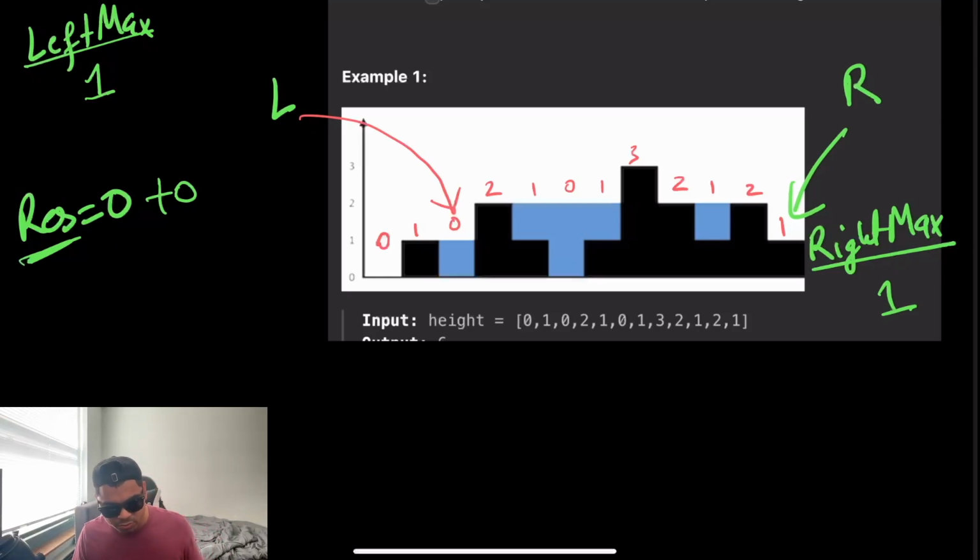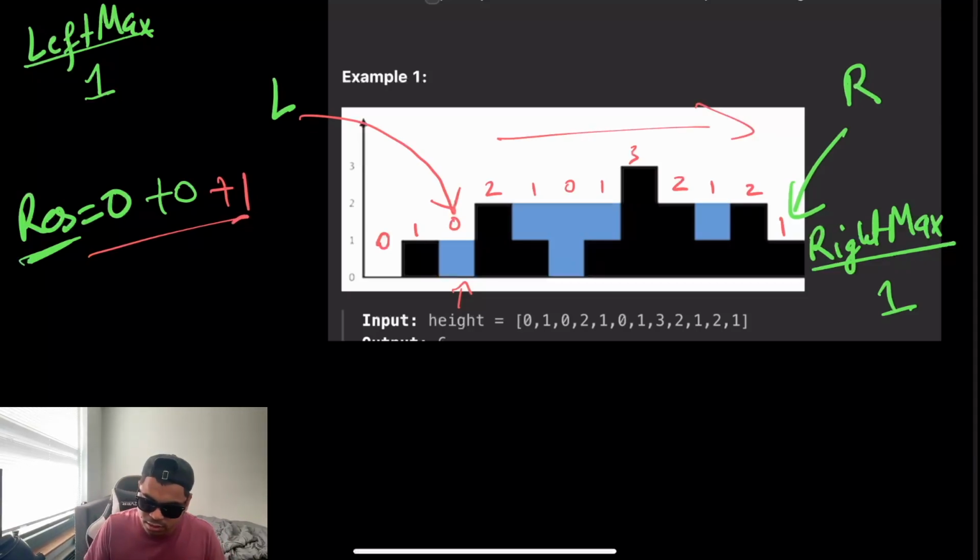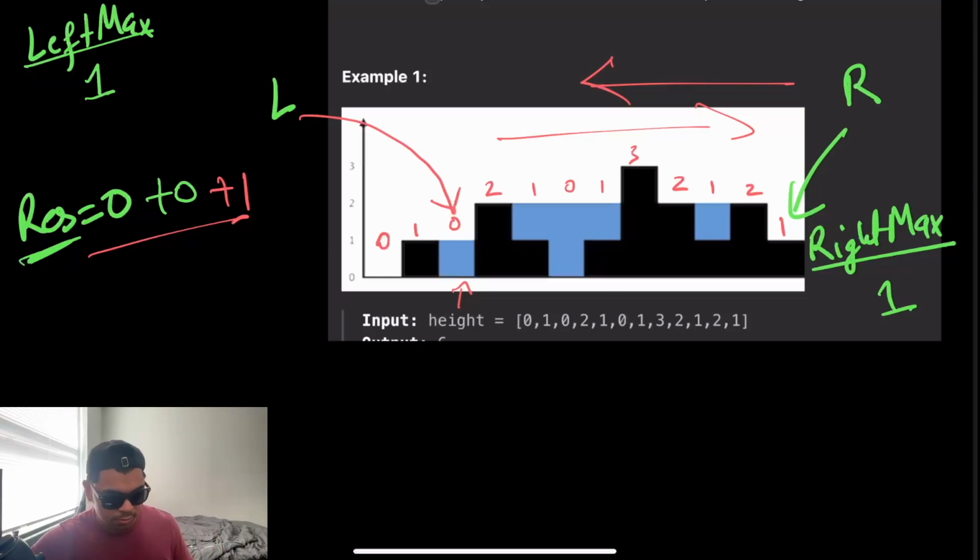My result would be result plus left max minus the current value. All right, that will be, we will add one over here, and we'll keep doing it for the remaining values. And there will be some scenarios where R will move to the other side, but we have seen the logic, and let's implement the code.